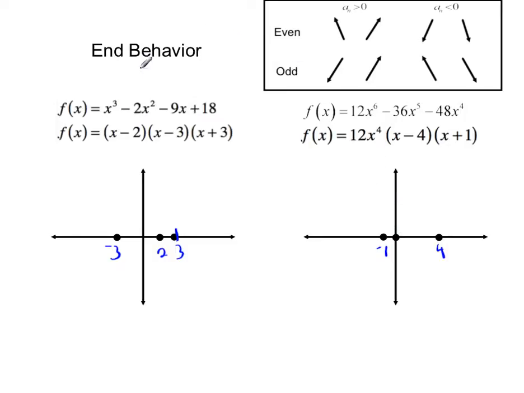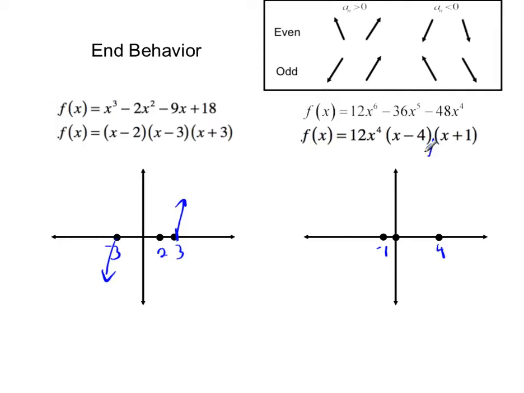Now, looking at the end behavior, this is an odd degree, and my leading coefficient is positive, which means that my graph is going to go up on the right and down on the left. So I'll start by drawing that in. It's going to go up on the right, down on the left.